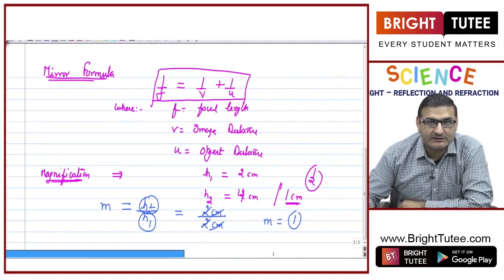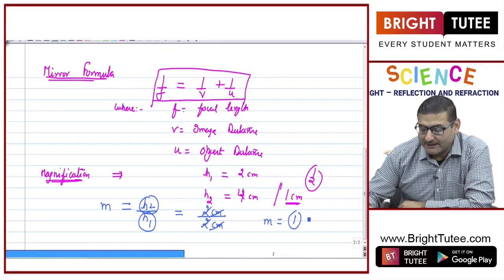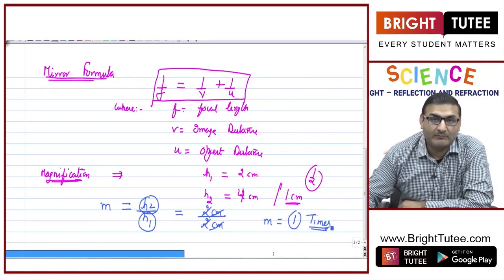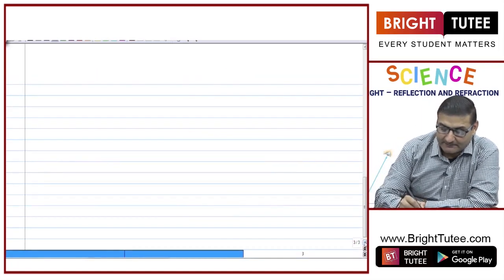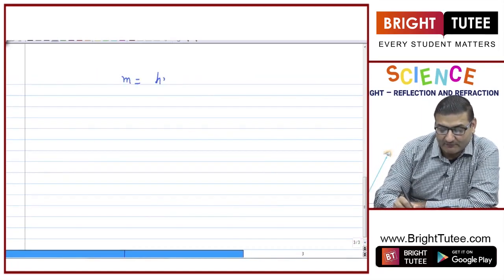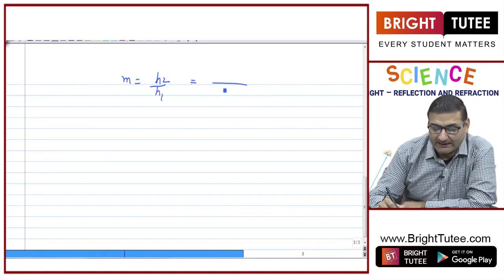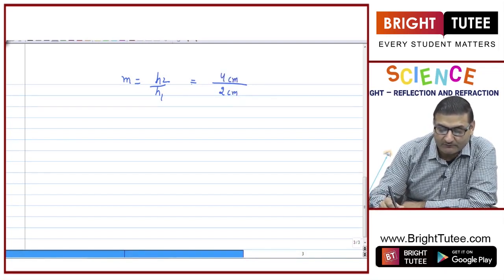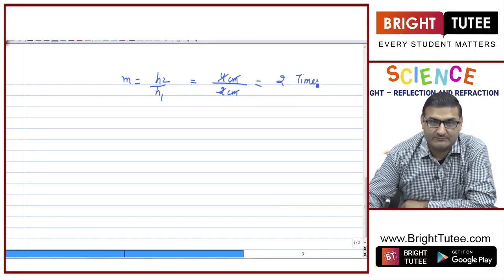So magnification has no units of its own. You have to remember that magnification is always expressed in number of times. How many times magnified image we are having. Taking next case, magnification is h2 by h1. Now, if the height of the object was 2 centimeters and the image formed was of 4 centimeters, then using this formula the magnification is 2 times.